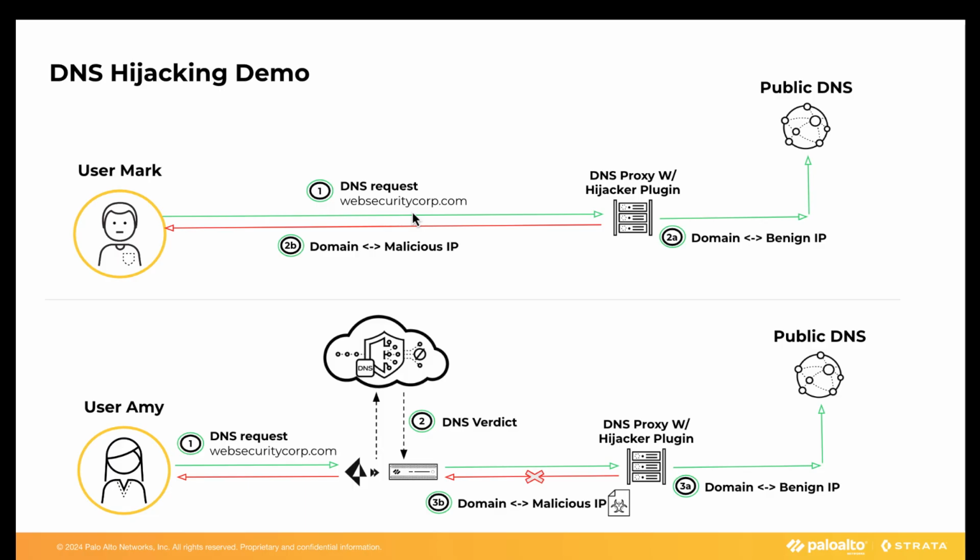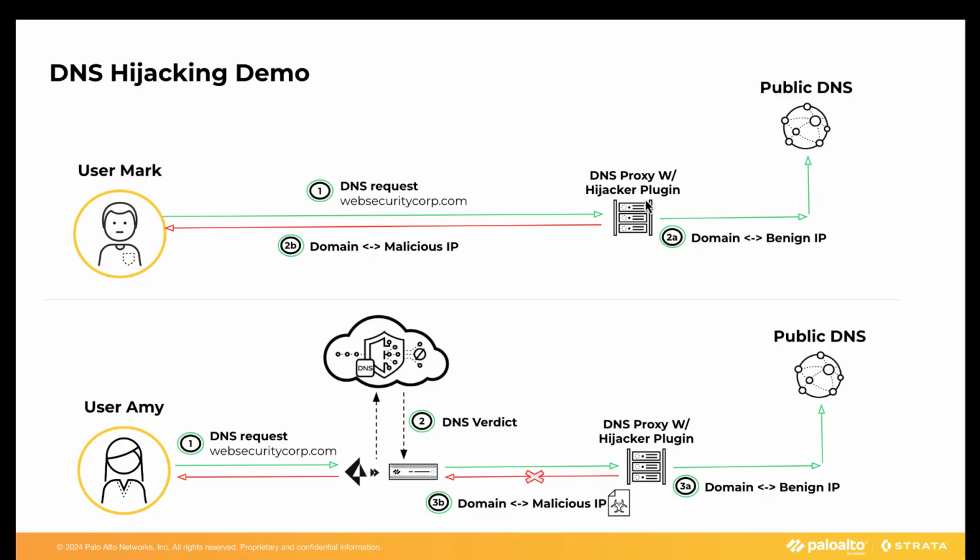modify the DNS response. To simulate this environment, we have added CoreDNS, which is an open source DNS server and acts as a DNS proxy between the client and the public DNS server. When the hijacker plugin is not running, then the DNS request for the WebSecurity Corp is directly forwarded to the public DNS server where it gets resolved to a benign IP and the response is sent back to the user.